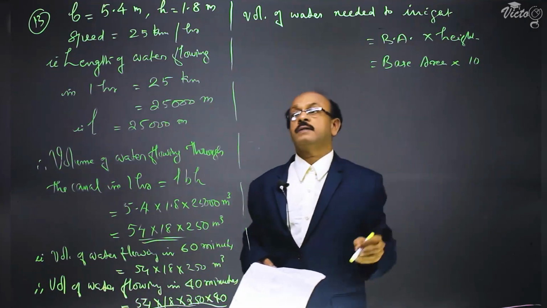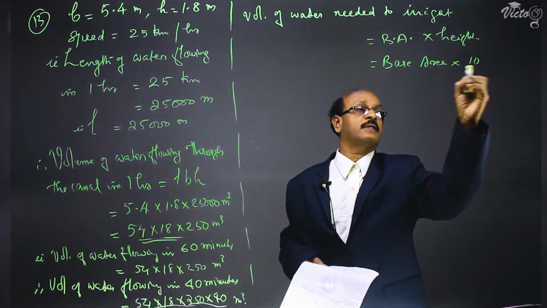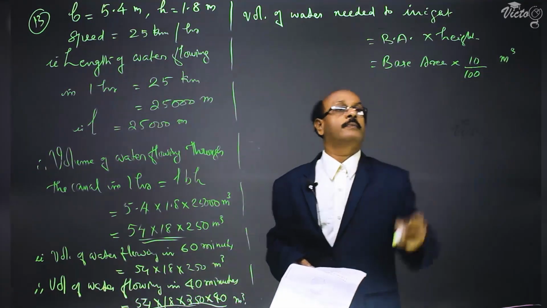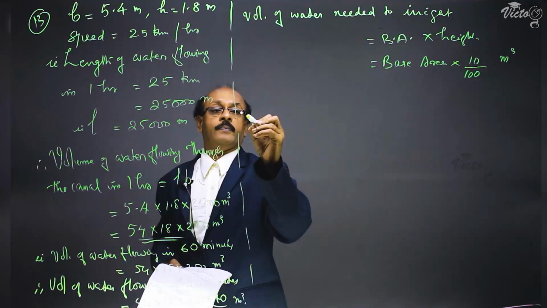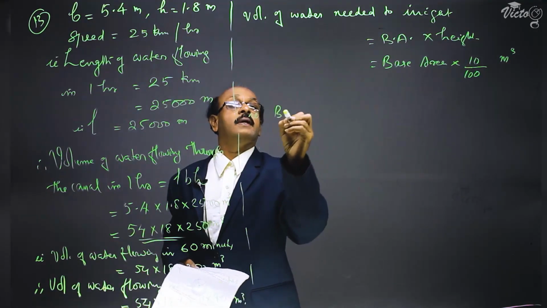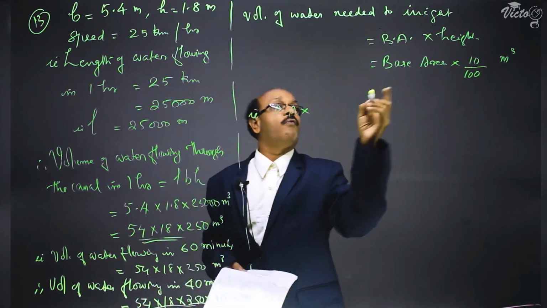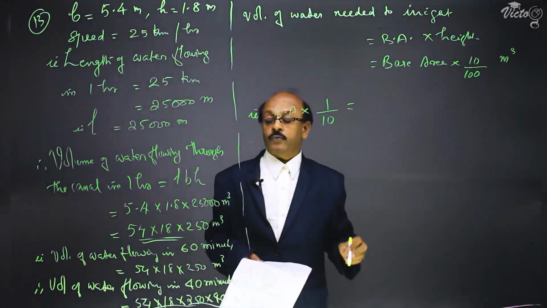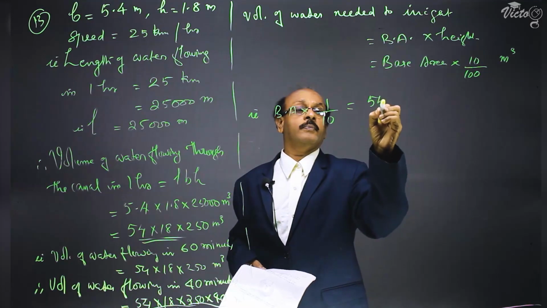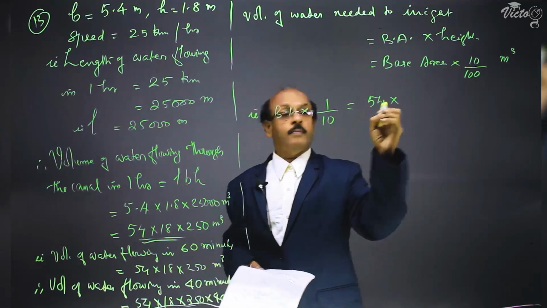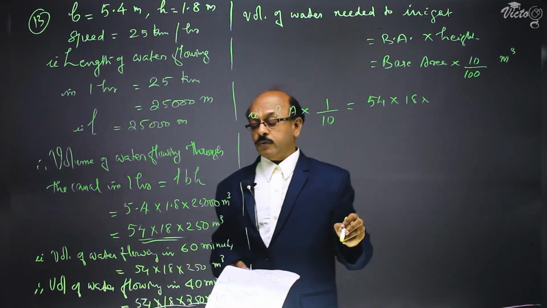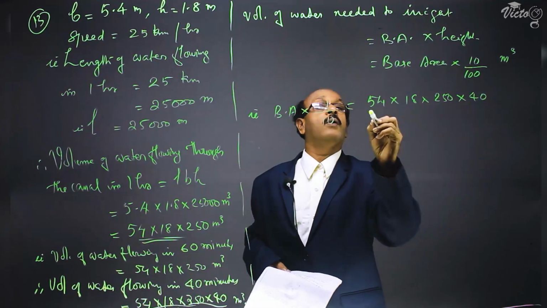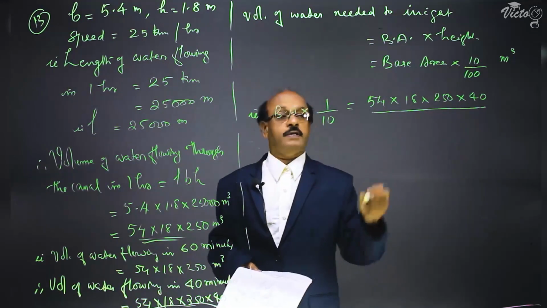We have to change this also into meter. 10 centimeter means 10 by 100 meter, that is base area into 1 by 10 is equal to 54 into 18 into 250 into 40, the whole divided by 60.